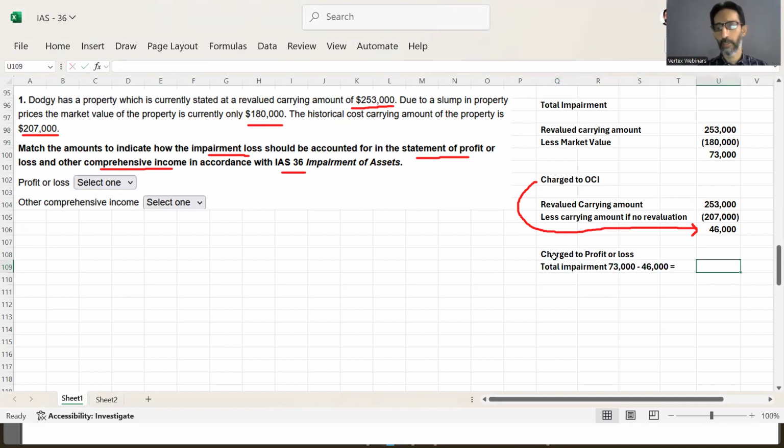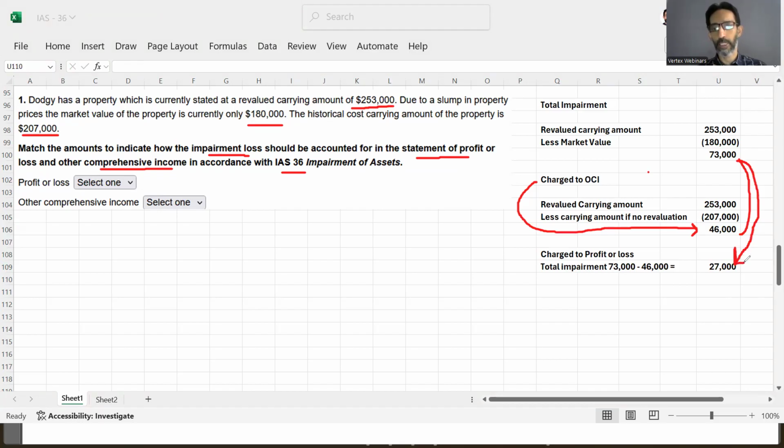So we're going to have this one charged to the profit and loss. 73,000 less 46,000, so 27,000. So this total impairment is 73, and out of this 73, the 46 is charged to OCI, and the remaining of this 73 is being charged to the P&L. Okay, so I hope this portion is clear.